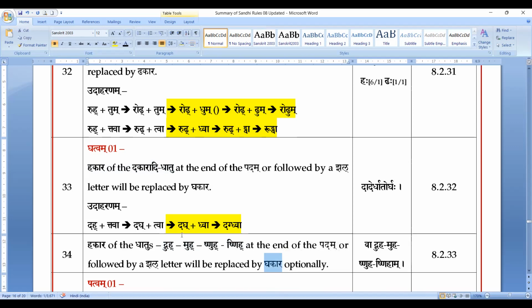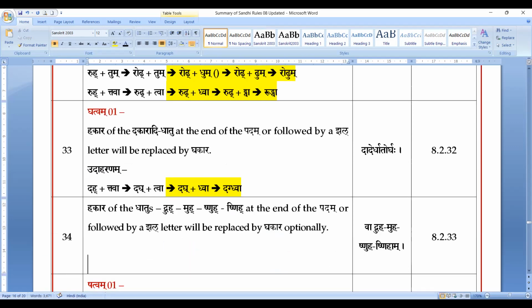What does that mean? Take the Druh Dhatu, which is a Dakara-Adi Dhatu. Its Hakara will be replaced by Gakara by the previous rule, right? Yes, Guruji. Fine. Gakara optionally.